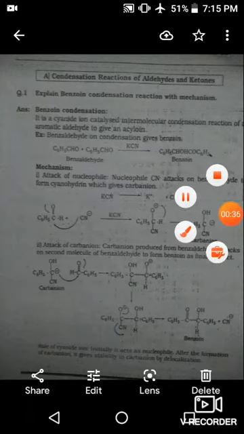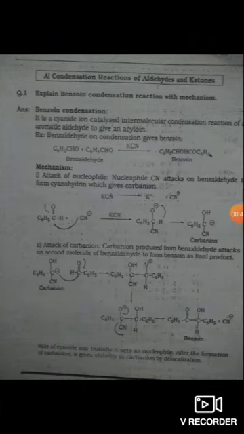Firstly, I am going to explain the basic difference between aldehyde and ketone. Aldehyde, for example acetaldehyde, CH3 single bond C double bond O H. In this, the carbonyl group directly attached to at least one hydrogen atom is known as an aldehyde.